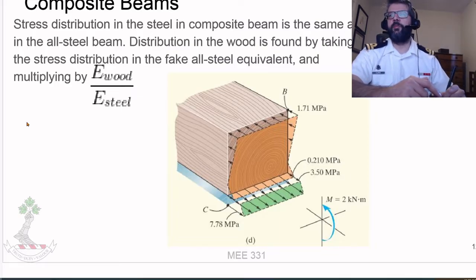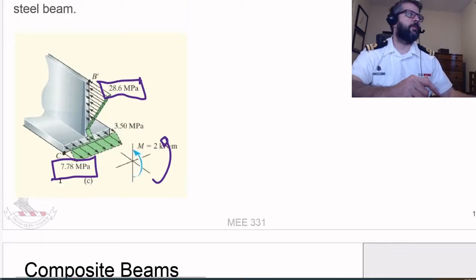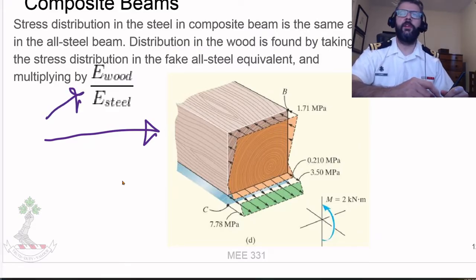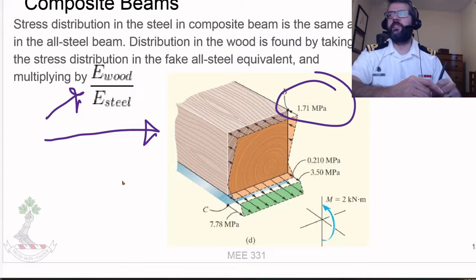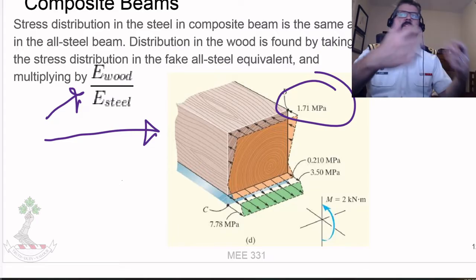So when we want to go back to transform it, we take that 78.6 and multiply it by the ratio of the Young's modulus of the wood divided by the Young's modulus of steel, which reduces our actual stress level in the wood by a significant margin, because wood is a lot less stiff than steel.